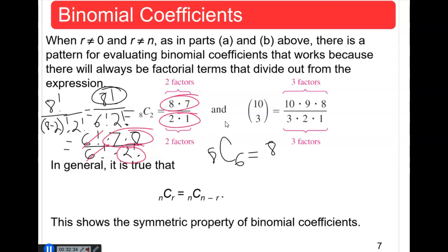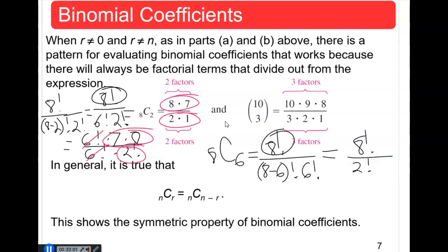So that would be 8 factorial over 8 minus 6 factorial times 6 factorial. Let's see if this works. For 8 factorial, let's just keep it like that for now. And here I'm going to have 8 minus 6 equal to 2, so 2 factorial times 6 factorial.